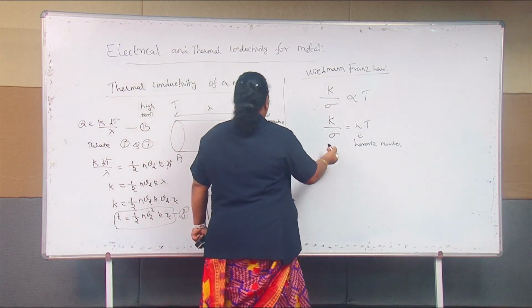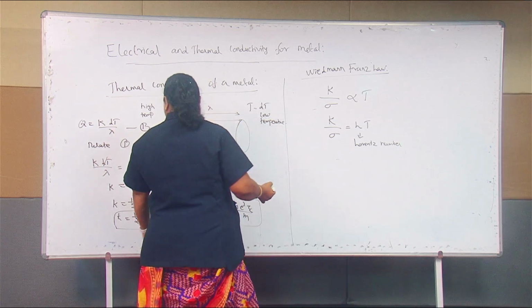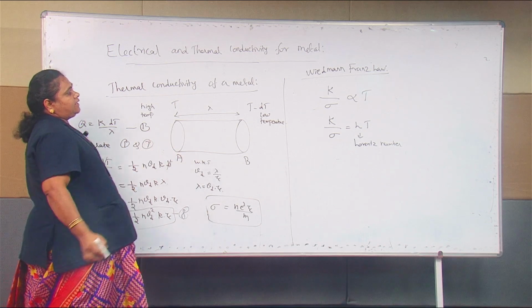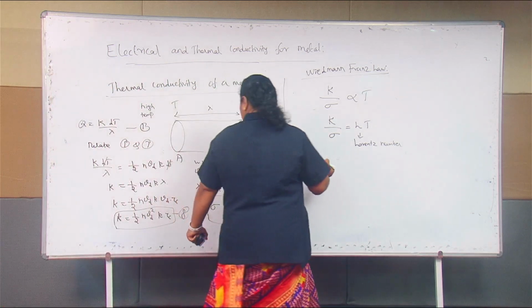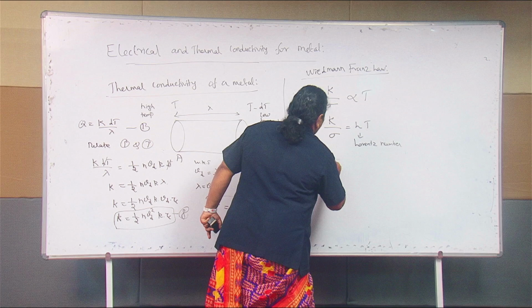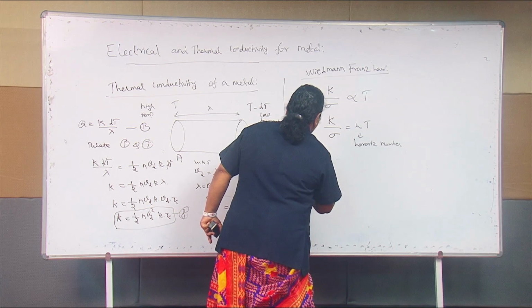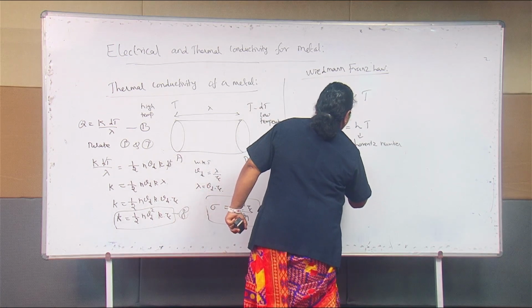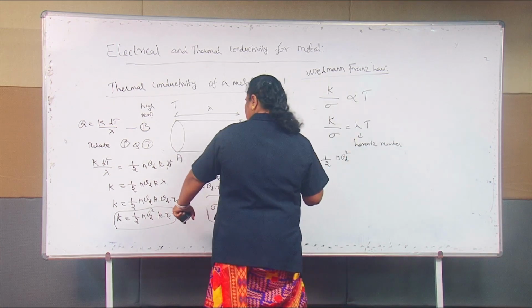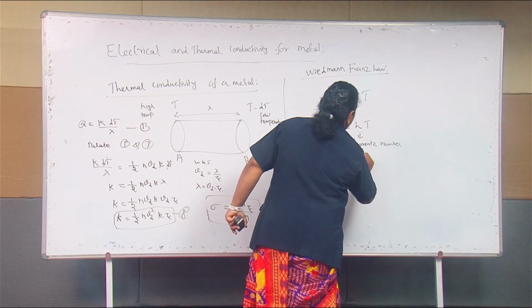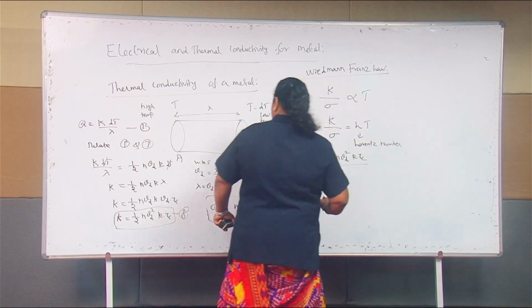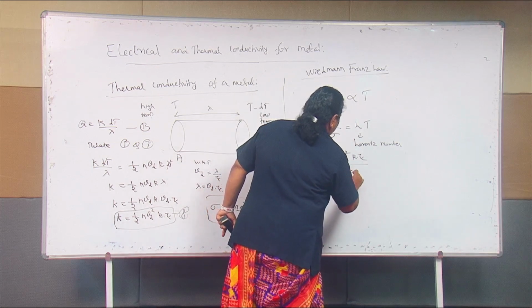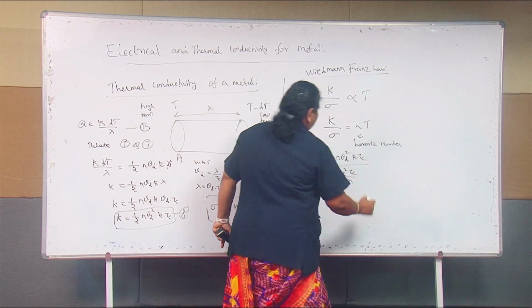Since we know the value of K and we know the value of sigma, just by substituting we can get the value of L. So K by sigma is 1 by 2, multiplied by n v_d squared c into tau_c, whole thing divided by sigma, which is n e squared tau_c by m.